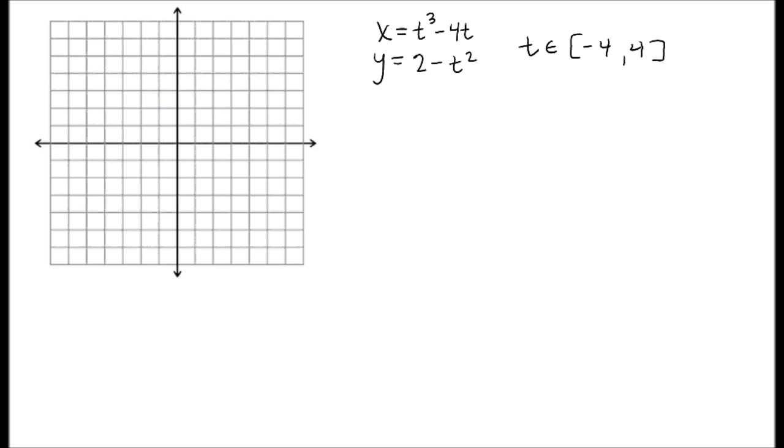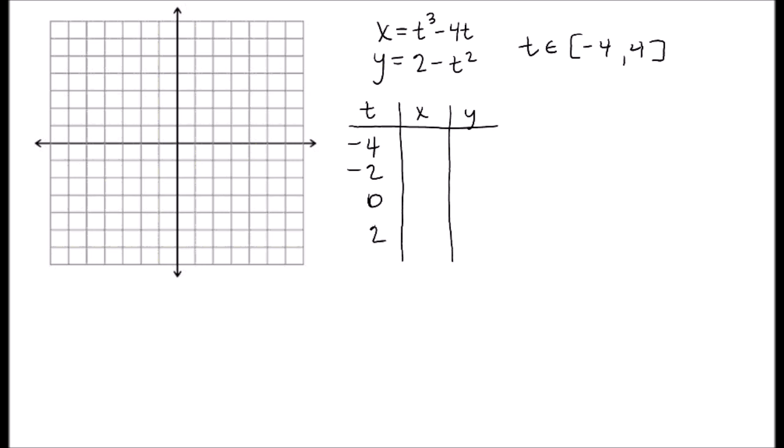All right. So I'm going to make a table, except instead of 2 columns, I'm going to have 3 columns. I'm going to have a t, an x, and a y. Now I'm hoping this is enough to get the general picture.